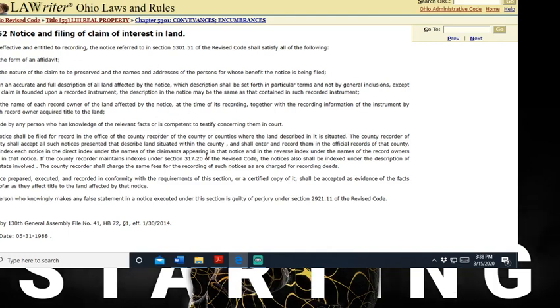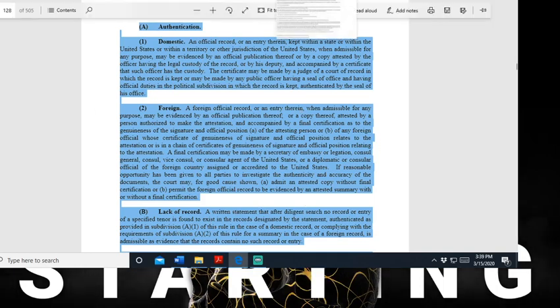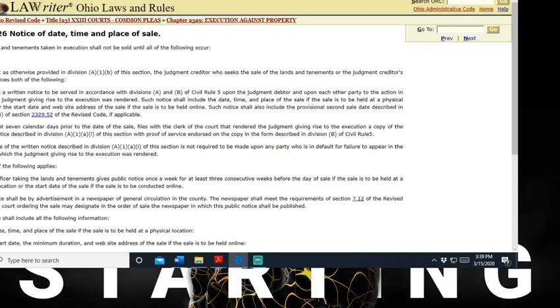A lot of y'all just don't understand how to look at everything and find it within your statutes, to use your wherewithal or certain knowledge to find certain information to make certain determinations. Here's the civil rules, proof of official records. Go through and study these under Rule 44 within your state. I'm not going to go over this because I already have a video going over this with some of the information.